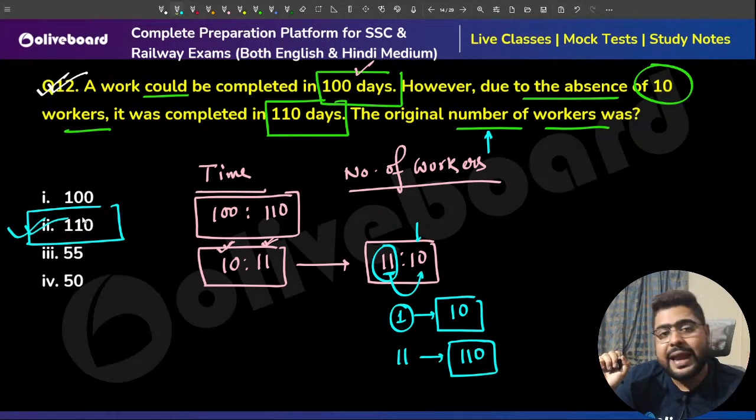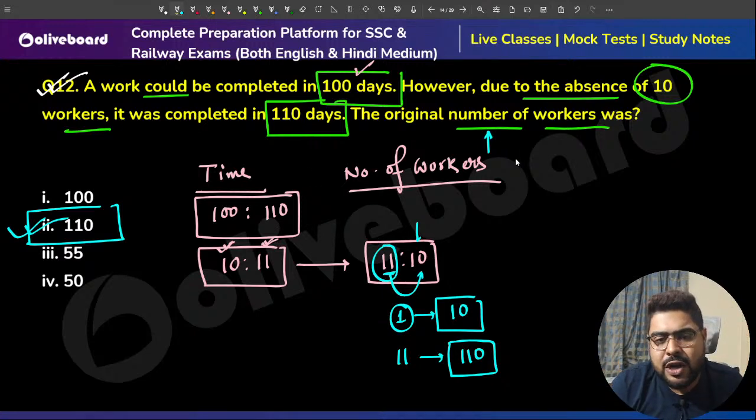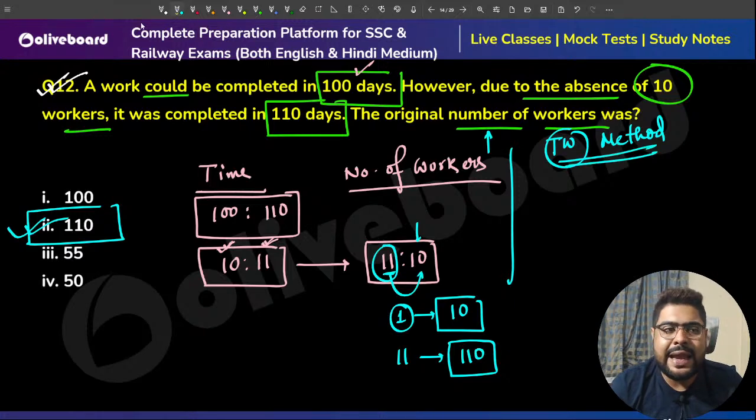Again, another way of solving this is to go by the total work method. I told you guys, total work will always be individual efficiency into time. Whatever one worker does, I'm taking every worker does 1 unit a day. So how many workers? I don't know, I'm taking X. Let's say there are X workers who are working.